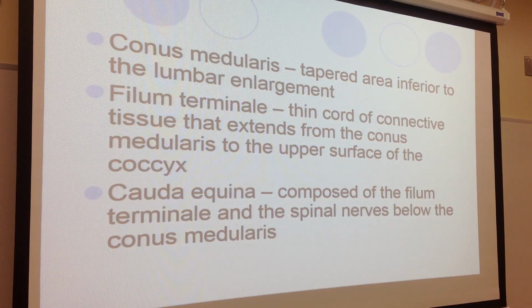Now, what else do we find in that vertebral canal besides the filum terminale? We also have what's called the cauda equina. And if you look there in the diagram in your book, you're going to see that. And the word cauda equina literally means mare's tail. Equina is the feminine form of equus. All right? So, the mare's tail, it looks a lot like a horse's tail. Now, how does a horse's tail look?